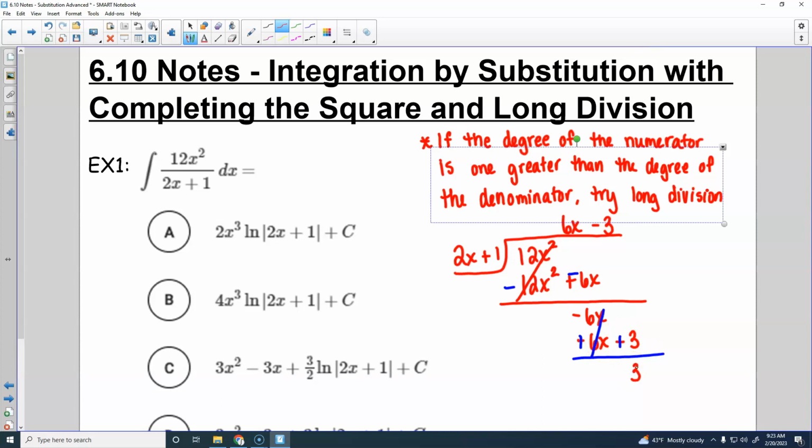Is there anything that we can multiply 2x by that would give us a 3? Well, kind of, if we want to get negative exponents, but we would rather not get negative exponents. So 3 is our remainder here. The way we're going to write our remainder is plus 3 over 2x plus 1.